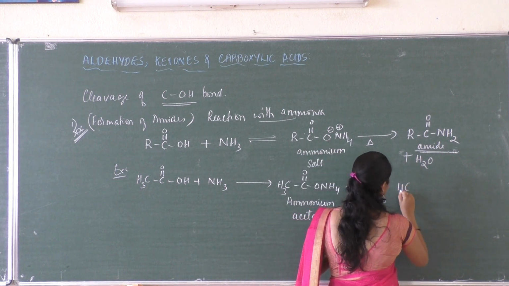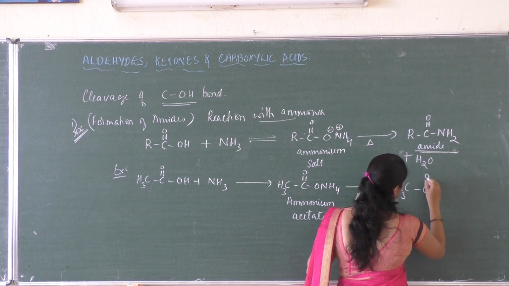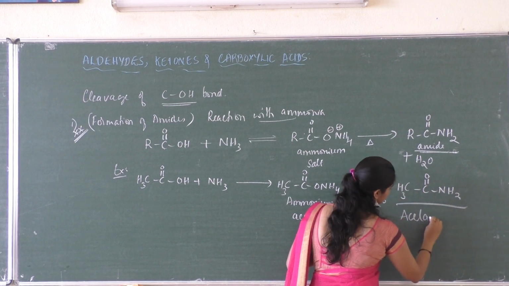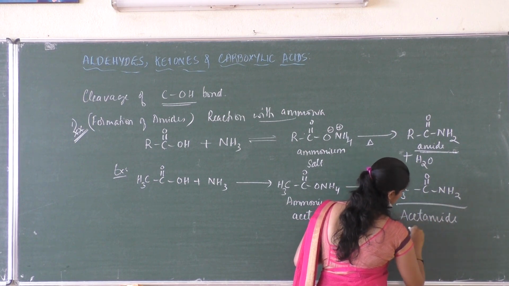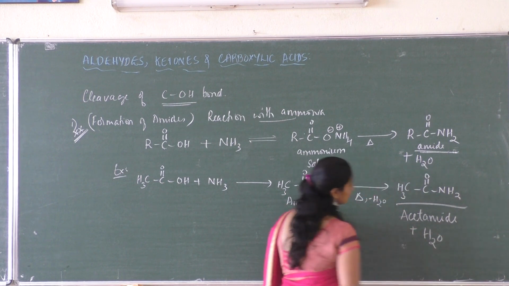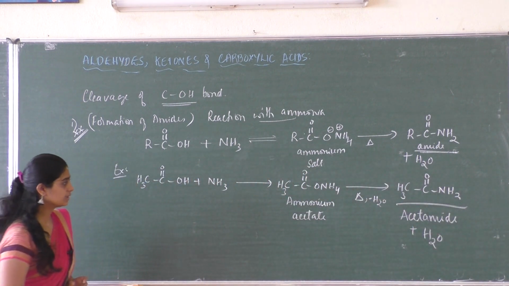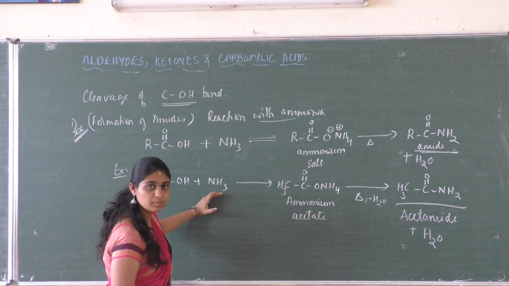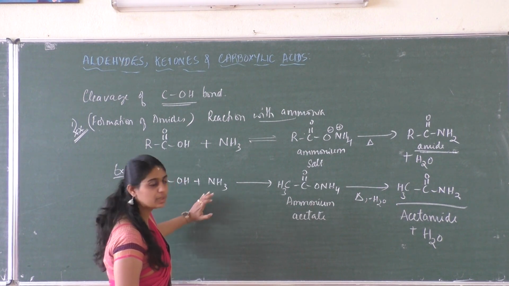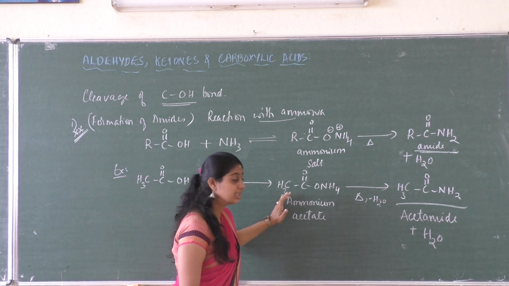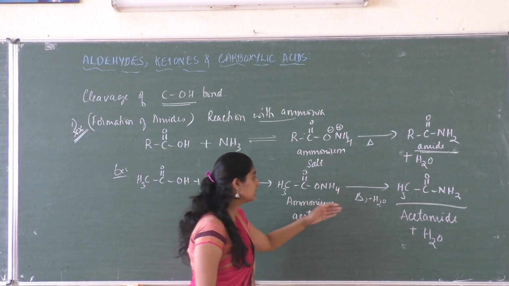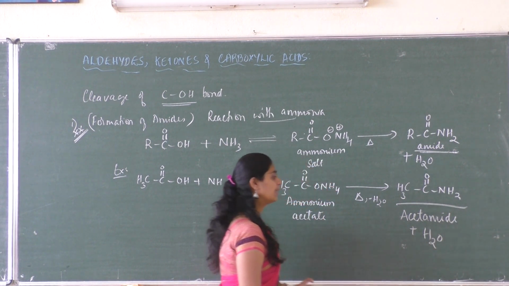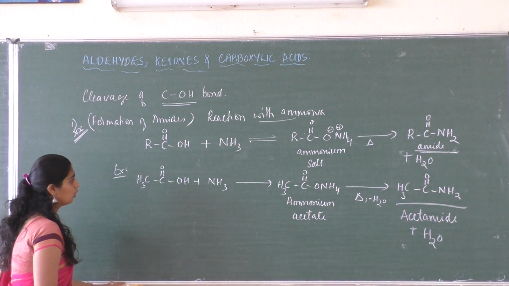Dehydration occurs so as to form CH3 C double bond O NH2. So this is nothing but acetamide plus a water molecule. So acetic acid, when it is treated with a base, that is ammonia NH3, an acid base reaction occurs so as to form a salt, that is ammonium acetate, which on further heating at higher temperature will yield acetamide as the final product with the loss of water.